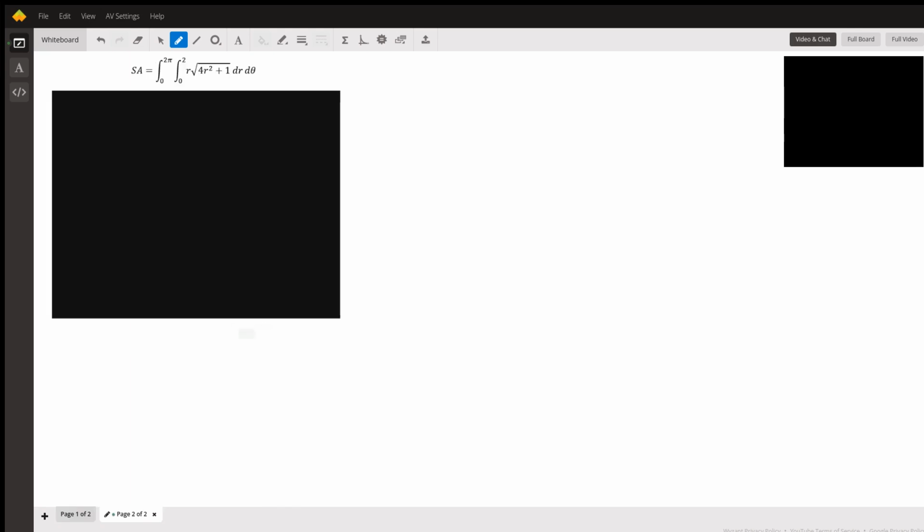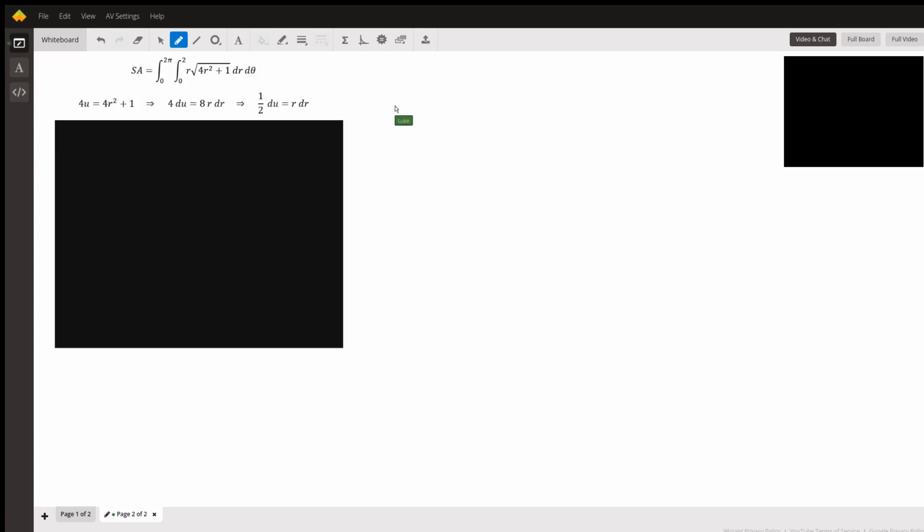So moving on to the next page, we have that same integral, and we are going to do a nice convenient u substitution. Now, I chose my u in a very particular way so that we wouldn't get fractions later on, and I would just accept the fractions at the beginning. So I said that 4 times u is equal to 4r squared plus 1.